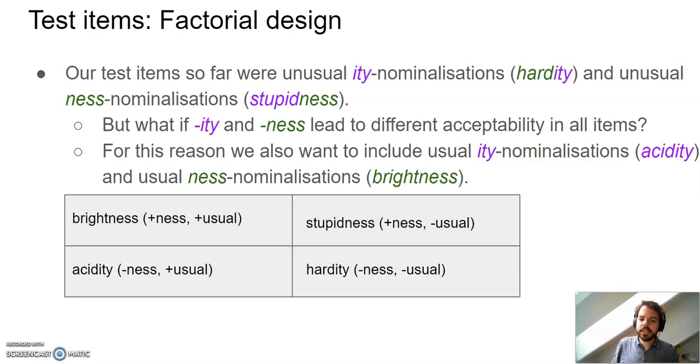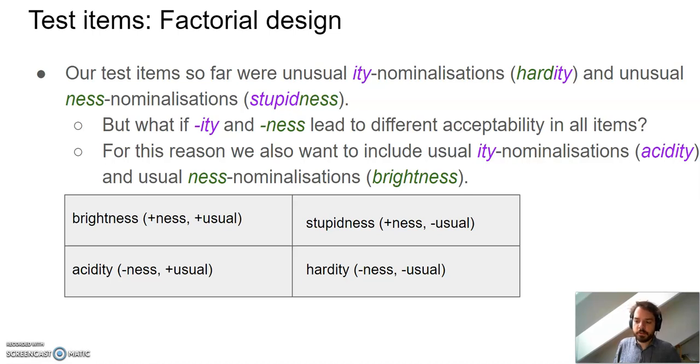When you're creating test items, what is always a good idea is to take factorial design into consideration. What we did so far is compare unusual ity words like hardity to unusual ness words like stupidness, but we never really considered normal words with ity and normal words with ness. And what if all words with ity get evaluated a bit worse than all words with ness?